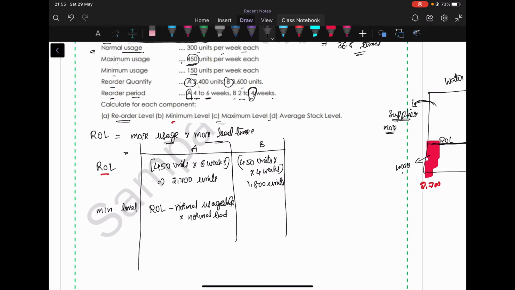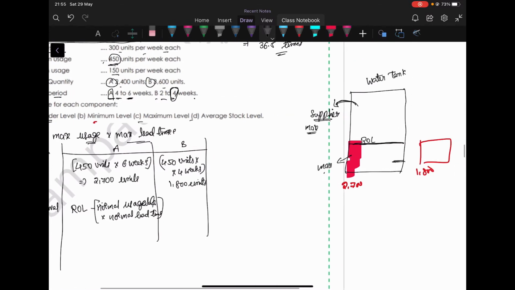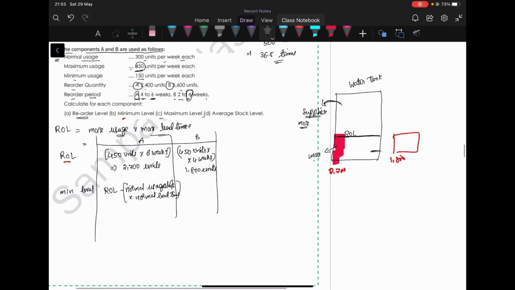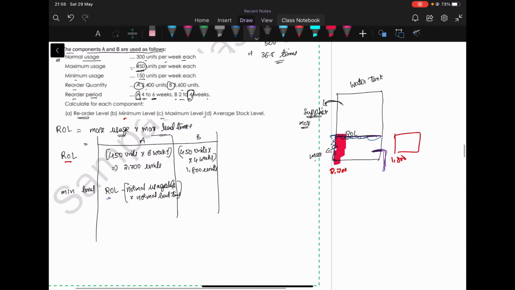Lead time means the time the supplier is taking to supply the quantity or units. Till here we have the reorder level. If I am placing the request, I will be utilizing from the reorder level, so the material gets decreased, so minus it.